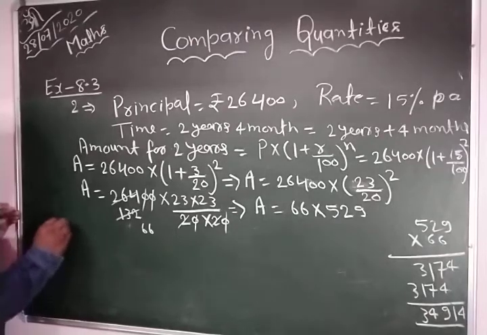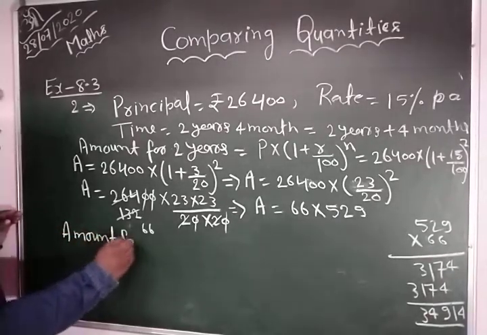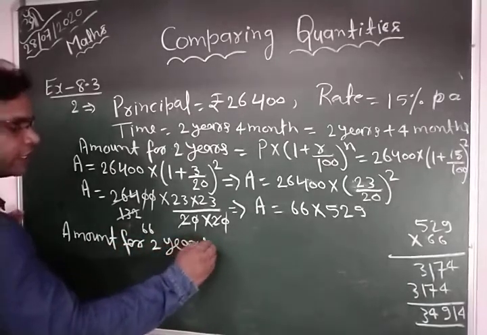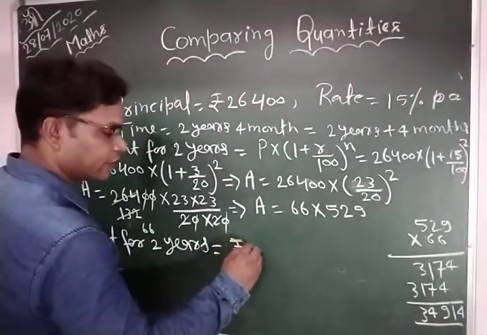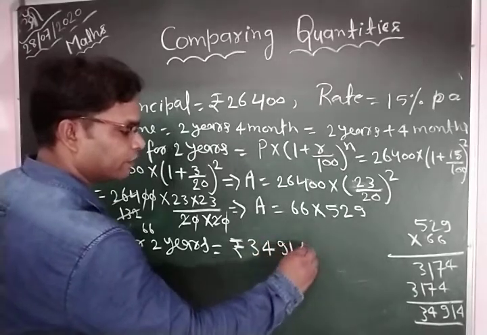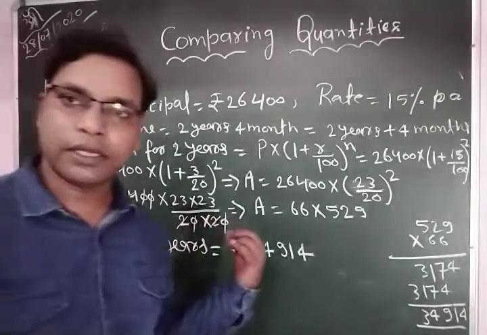Amount for 2 years is equal to rupees 34,914. Clear? This is the amount for 2 years.